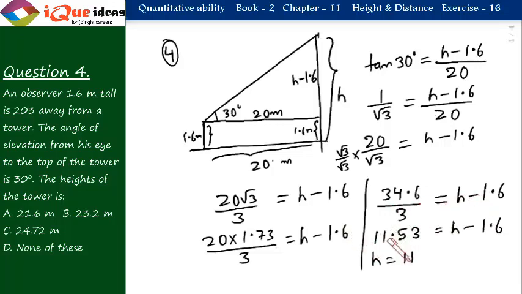So H is equal to 11.53 plus 1.6, which is 13.13 meters. This is the answer of this question. Alright, so you can look for the correct option. I think it should be none of these. Okay.